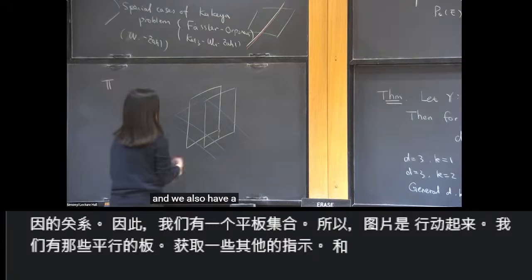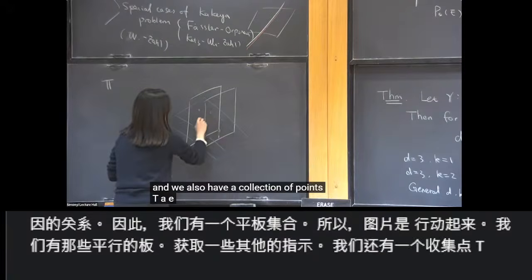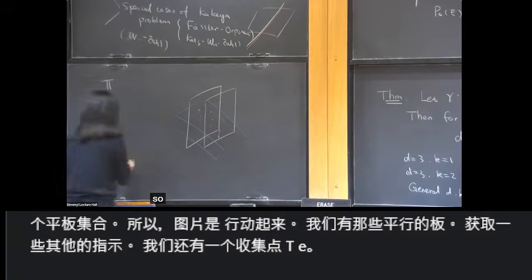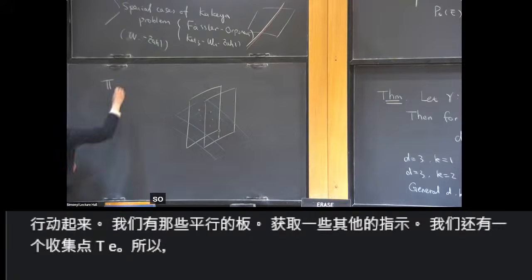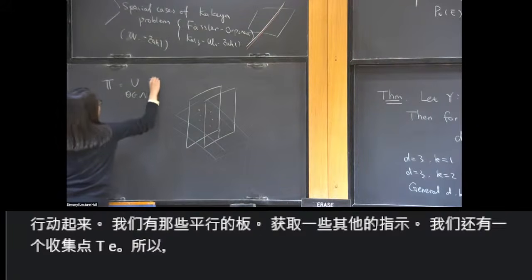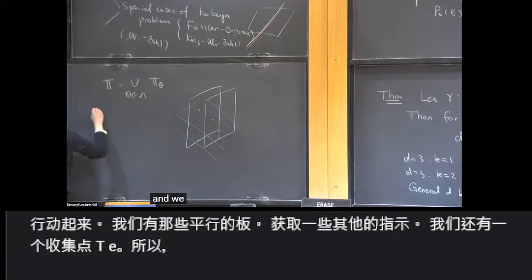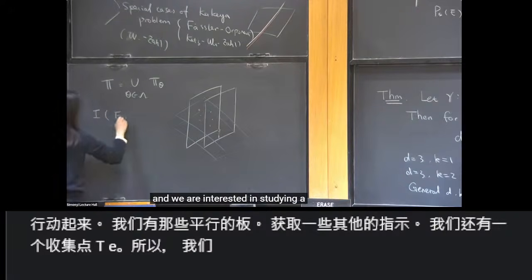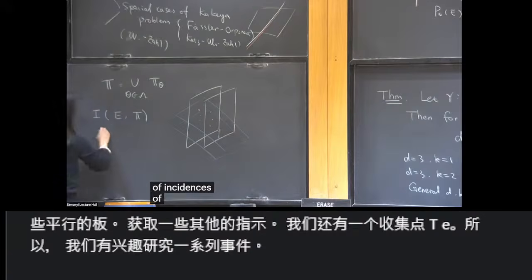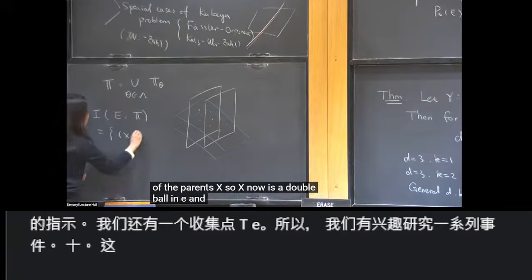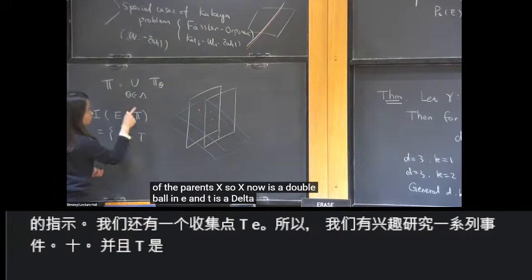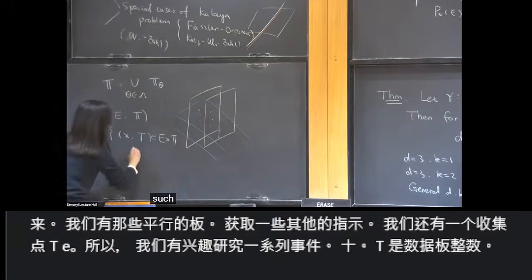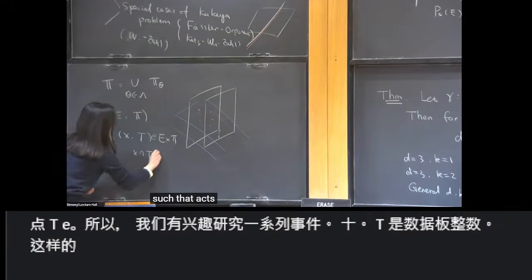And we also have a collection of points E. We are interested in studying the set of incidences, that's the pairs (x, T), where x is a delta ball in E, and T is a delta slab in T, such that x intersects T.